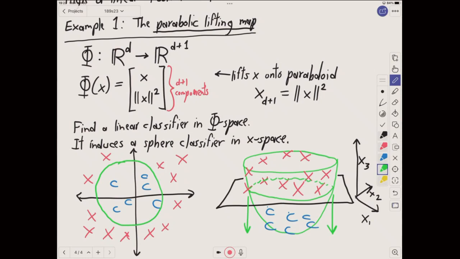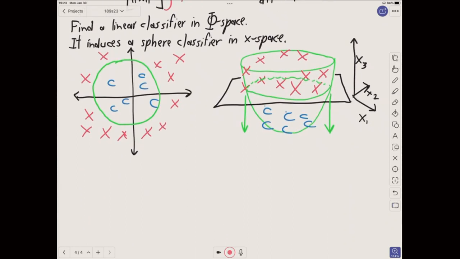And so now we have a nonlinear classifier in two-dimensional space, which is a sphere or a circle. But we got it with a support vector machine, which is a linear classifier, by running the SVM in 3D on the lifted points. So that's the intuition. Now let's work out the math.